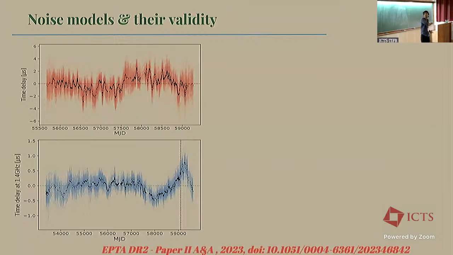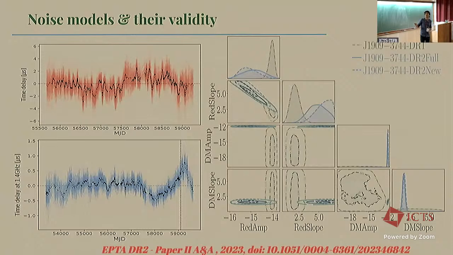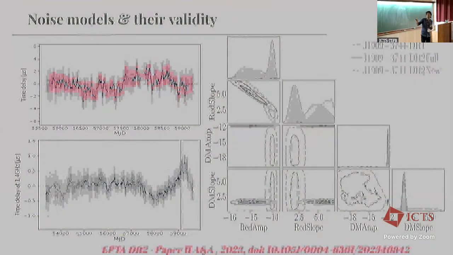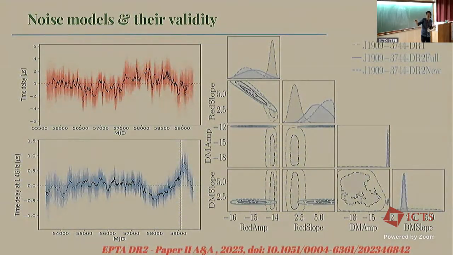These came from analyses where we have constrained the power law models for the red noise process and a DM process. If you want more details on this, that's the paper to look at.